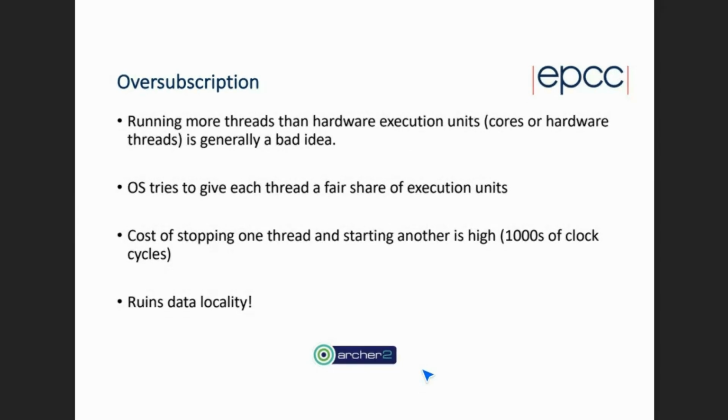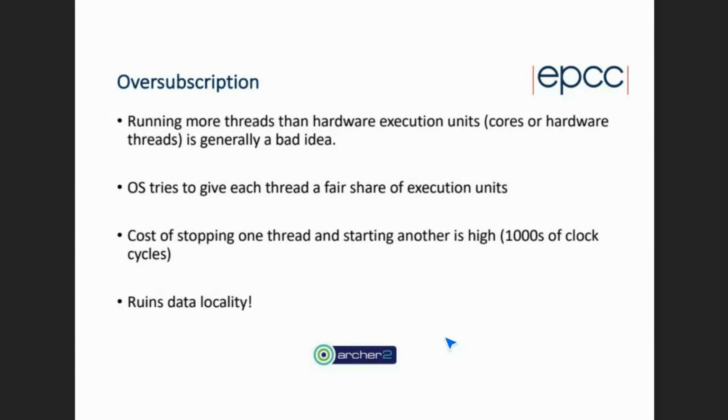The other way you can contend for hardware resources is by oversubscribing them. This is why running more threads than you have hardware execution units is generally a bad idea. The operating system is going to try to give each thread a fair share, and then you run into all sorts of problems.